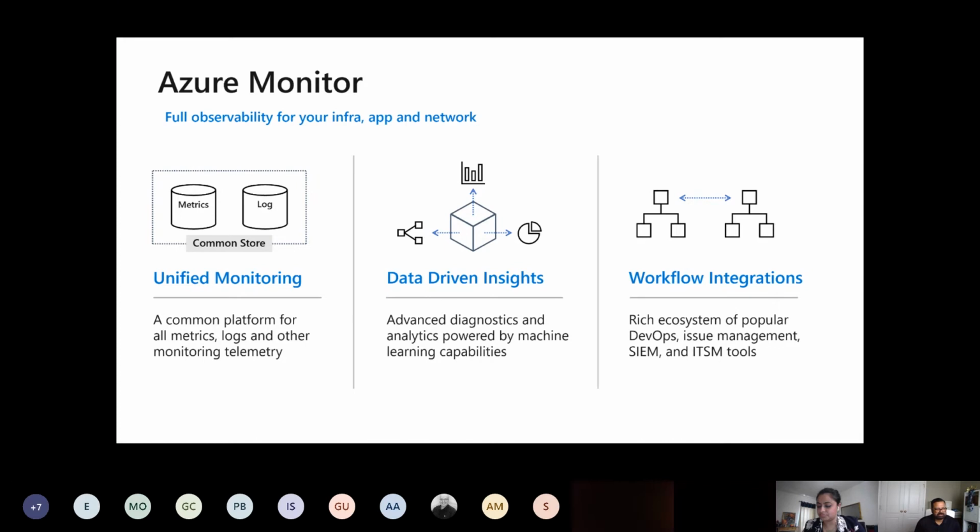So Azure Monitor is another managed service that you get as part of Azure. It receives telemetry from different resources, whether they are on-prem or in Azure. It collects all this telemetry, and then it gives you rich data-driven insights. There are several, and I will go to the next slide and show you what you get.